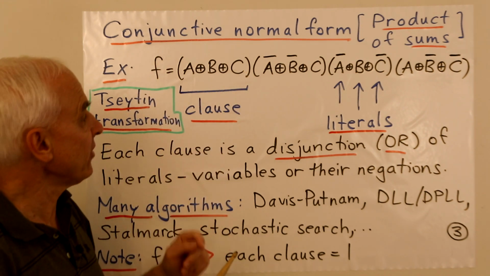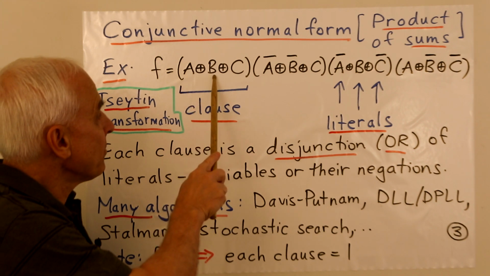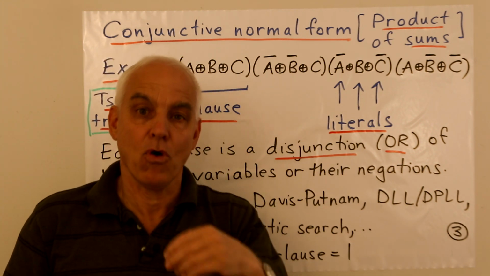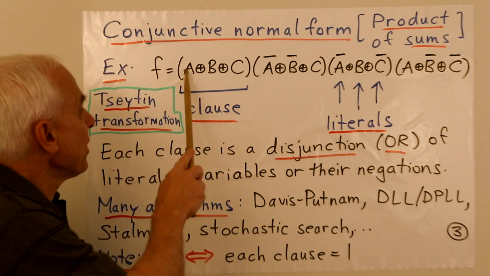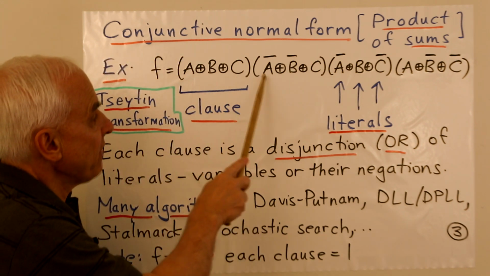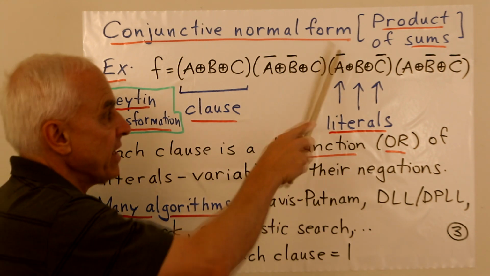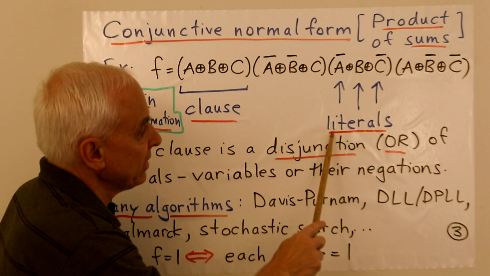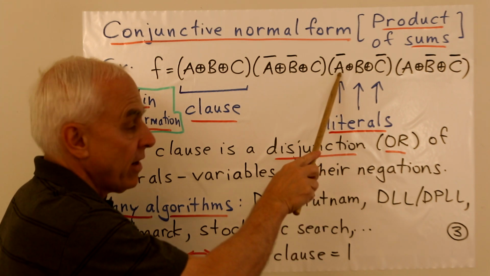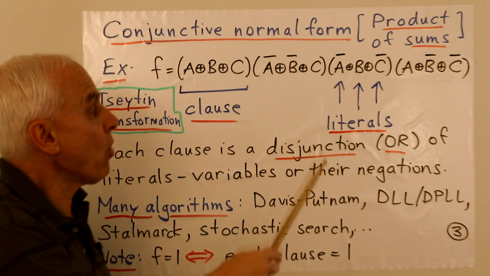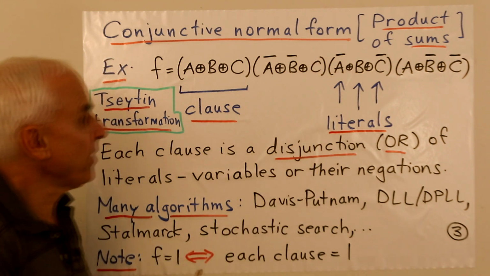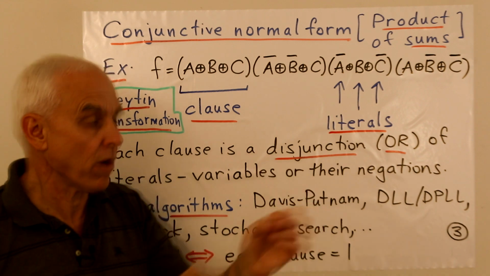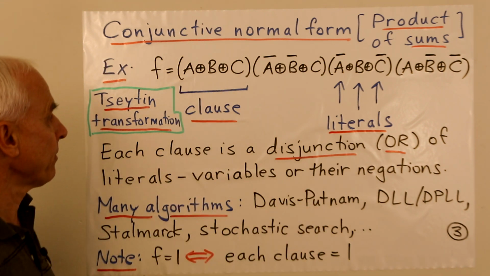Each clause is a sum, in the sense of a circle sum, in other words ors, of either input variables or their negations. In the standard literature, these are called literals. So a literal is either an input variable, like a, or its negation, like a bar. And a clause is a sum, in the sense of circle sum, or of literals.